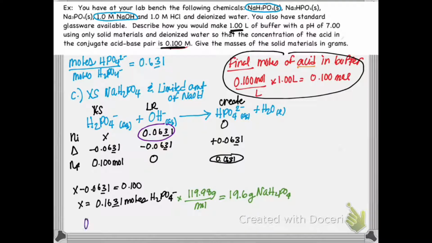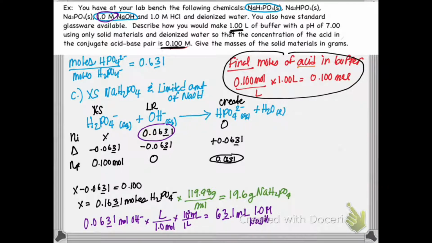Now for hydroxide, we need to mix in 0.0631 moles of it, and we're using a 1 molar solution, so dividing by 1 mole per liter, and then converting to milliliters by multiplying by 10 to the 3 mL per liter, tells us we need 63.1 mL of the 1 molar NaOH.